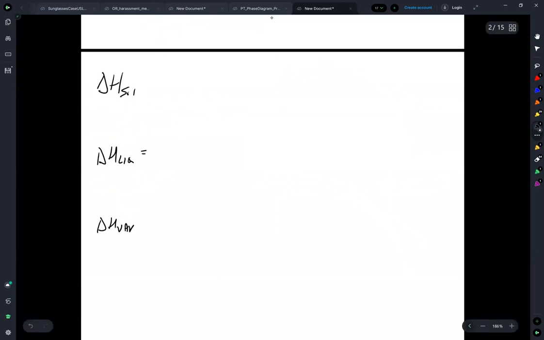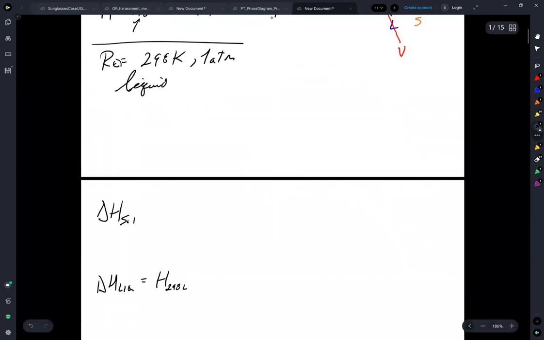The liquid, we'll do the easy one first, is the enthalpy at 298 of the liquid. And that's our reference. So it's liquid, and H298 liquid has to be known. We also need an enthalpy at 298 liquid.